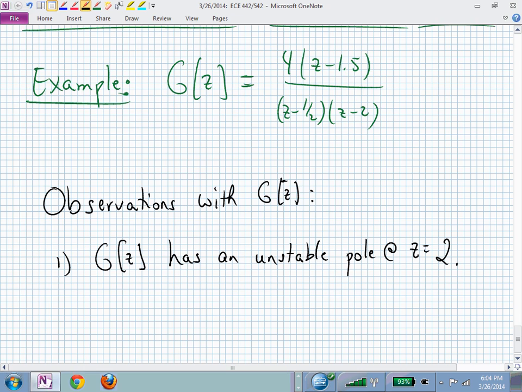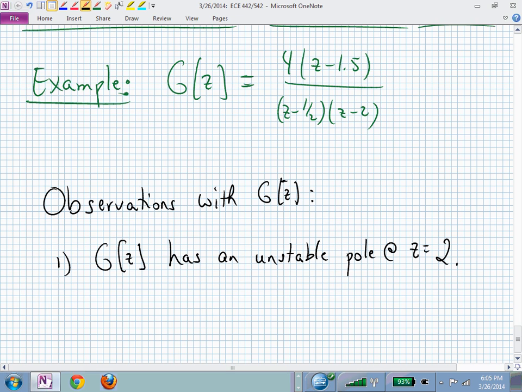No. You could have 100 stable poles and 1 unstable pole, and you've got problems. It only takes 1, right? One bad apple spoils the whole bushel. I don't know. Food theme tonight, I guess.